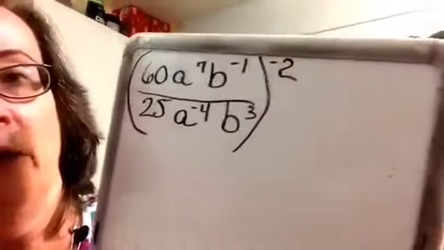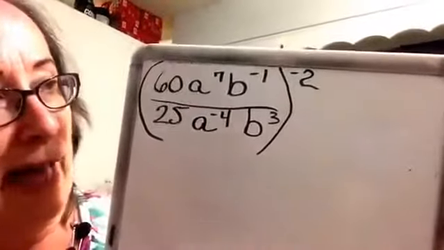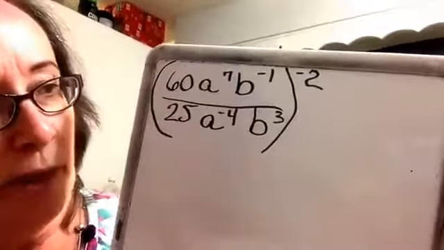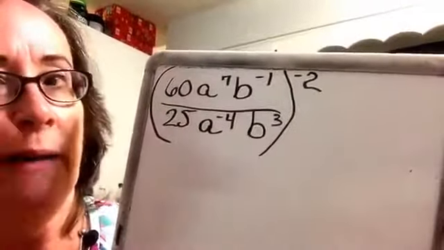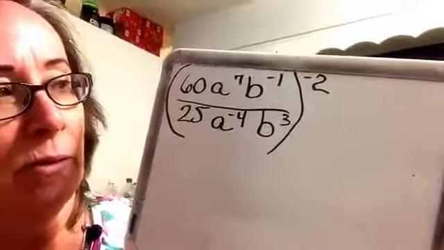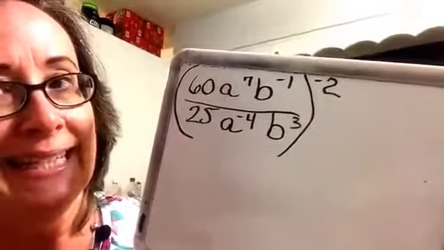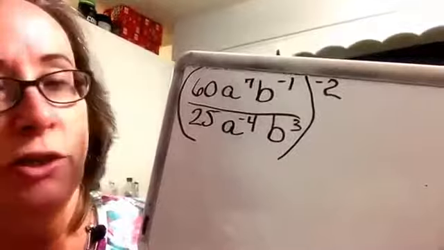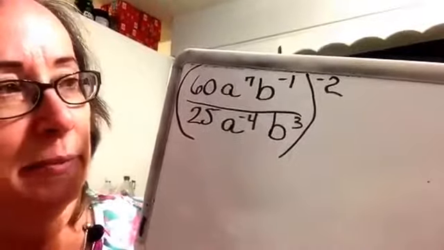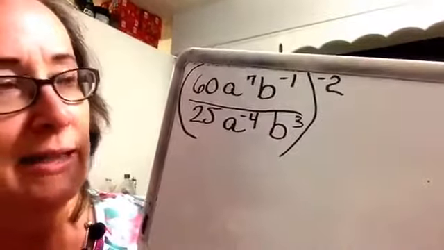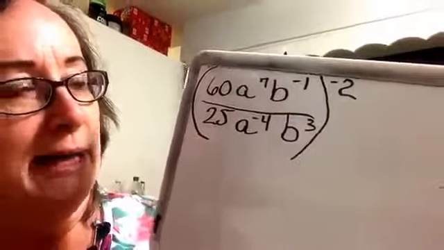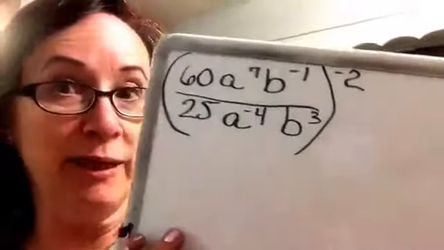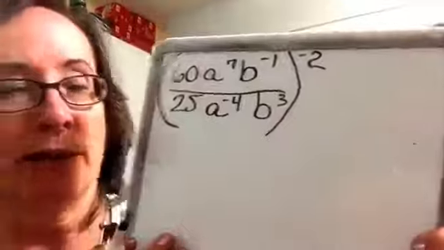Okay, on this one, we have a negative exponent overall. And instead of trying to keep track of all of these things, I'm going to flip the entire quotient over. And then I'm going to do what's inside the parenthesis, and then I'll raise it to the second power. Okay, so I don't have to do it in that order, but that's what I'm going to do this time.